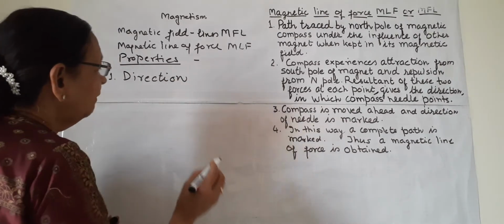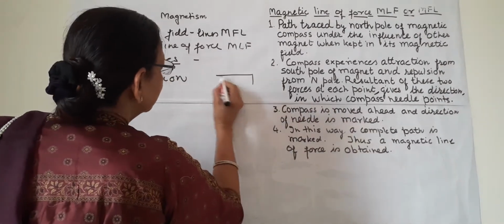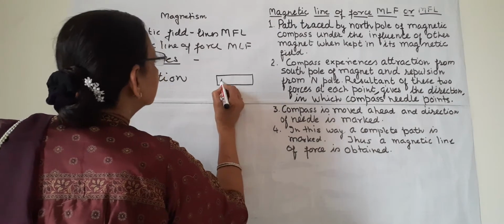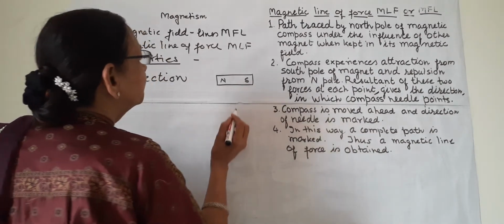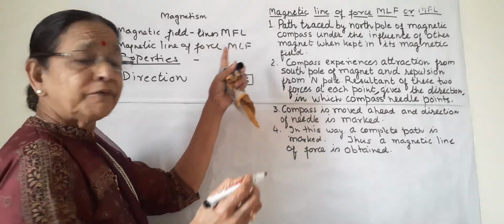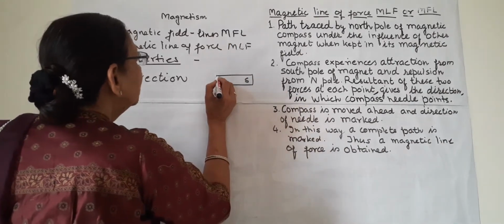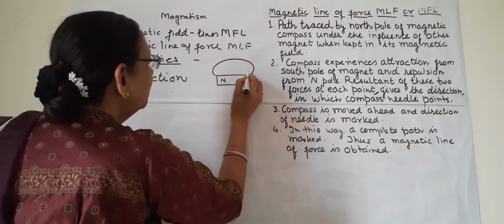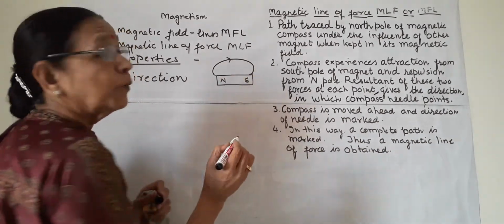What direction do they have? Suppose this is the bar magnet, this is north, this is south. Outside the magnet, this is the outside field of the magnet, they have the direction from north to south.